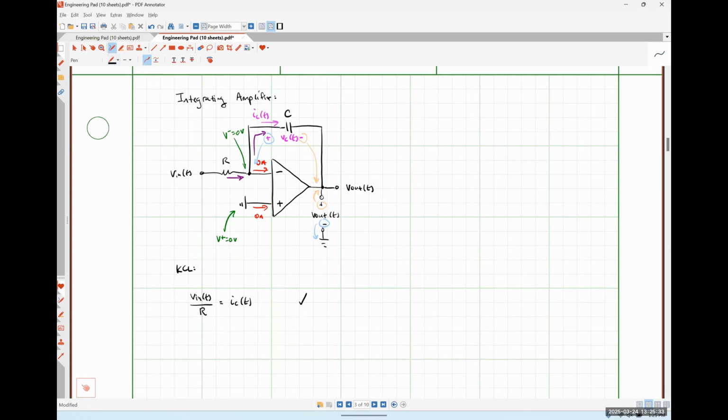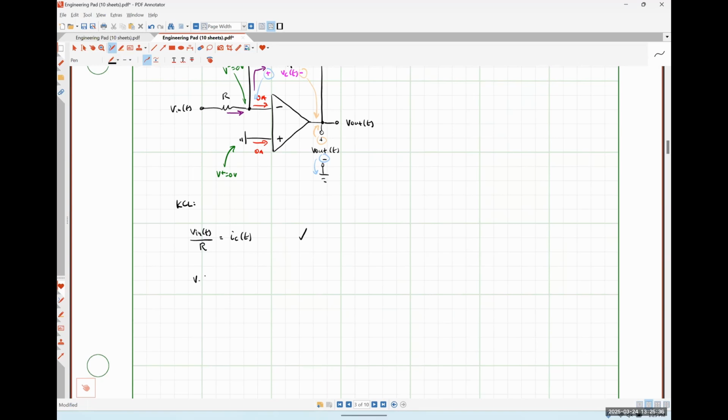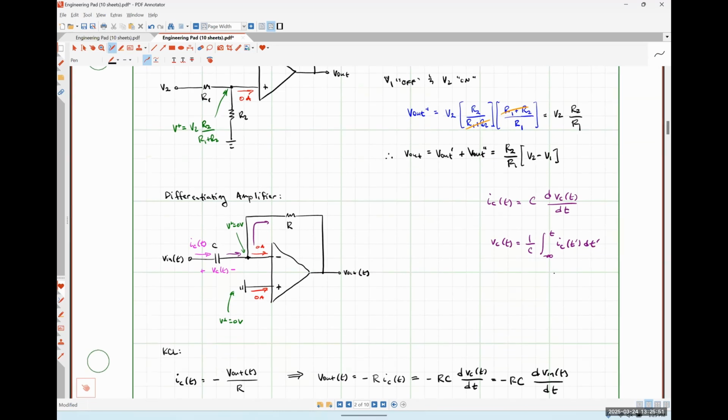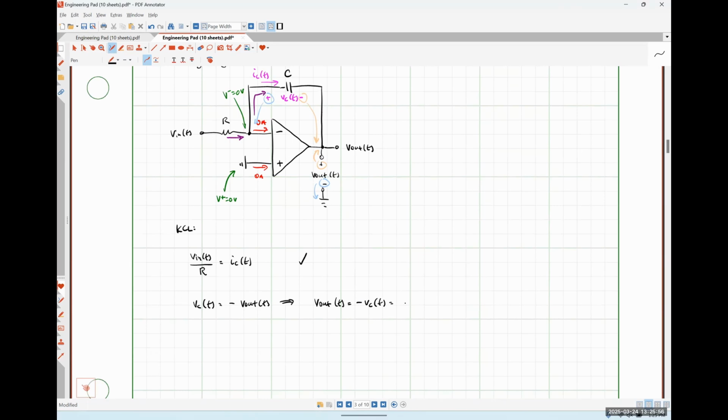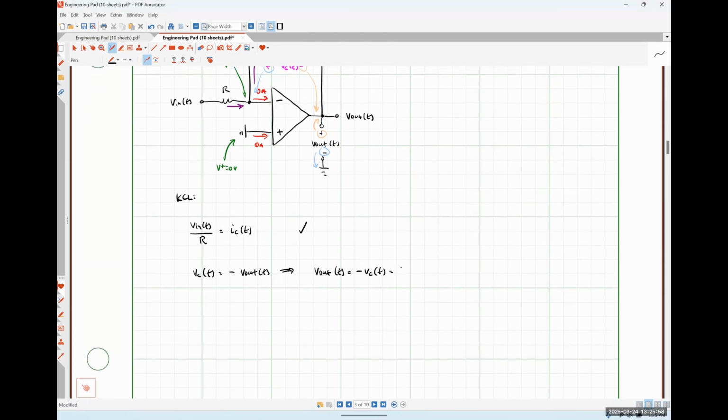So we could say that VC is negative V out, and therefore V out is negative VC, and then using this integral based relationship from up here, that would look like negative 1 over C times the integral from negative infinity to t of IC of t prime dt prime.